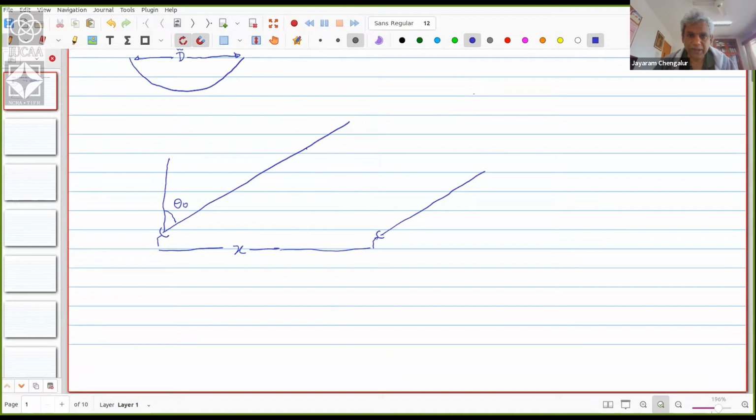As far as rays from the center of the field are concerned, the ray reaches antenna 1 before it reaches antenna 2. So if the voltages which come out from these antennas are V1 as a function of time and V2 as a function of time, then V2 will be a delayed version of V1, because that ray has to travel this extra distance, x sine theta 0.